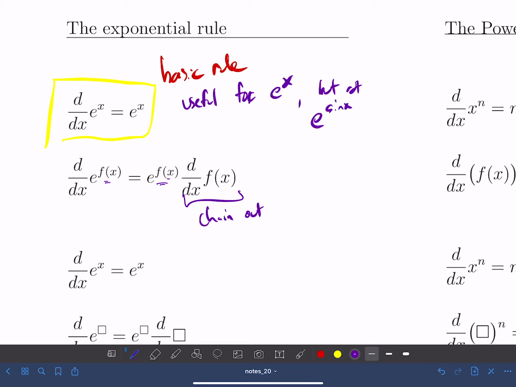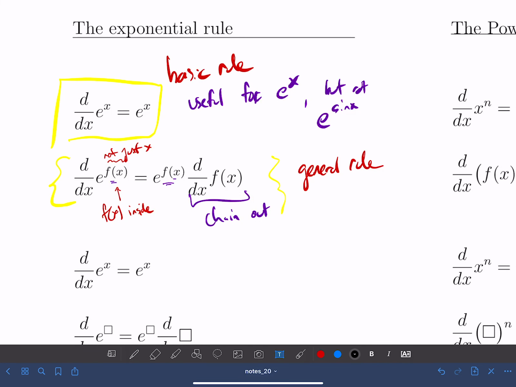So the second one here, this is the general rule. What makes it so general? Well, I've got not just x, but f of x. Using the chain rule, it tells us how to take derivatives of compositions, and it tells us that we have to chain out the derivative of the inside thing. So I've got here f of x is the inside function. And I need to chain out the derivative of the inside function when I use the chain rule.